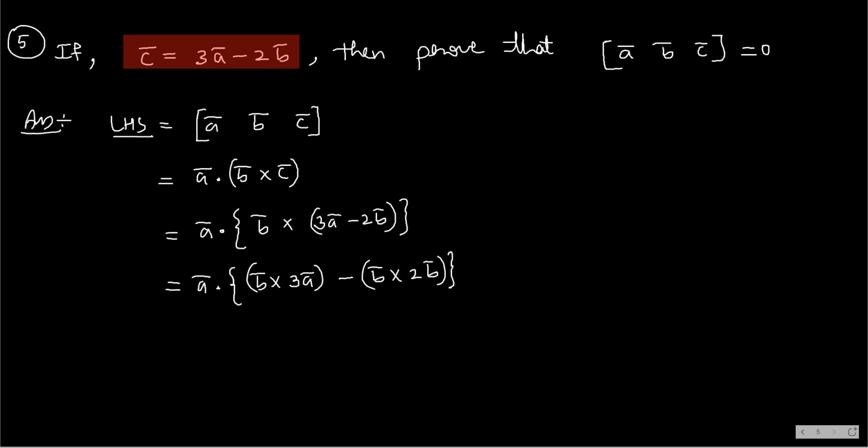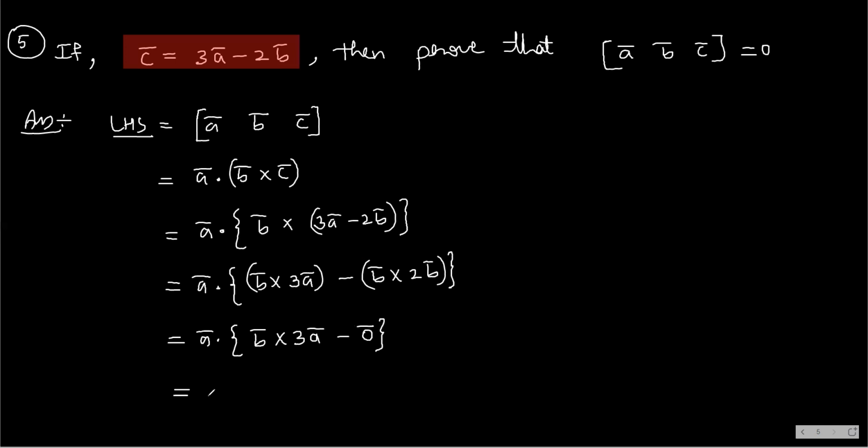Why is this 0 bar? Because B bar and 2B bar are collinear vectors. 2B bar is a scalar multiple of B bar. So in the next step you get A bar dot B bar cross 3A bar minus 0 bar.